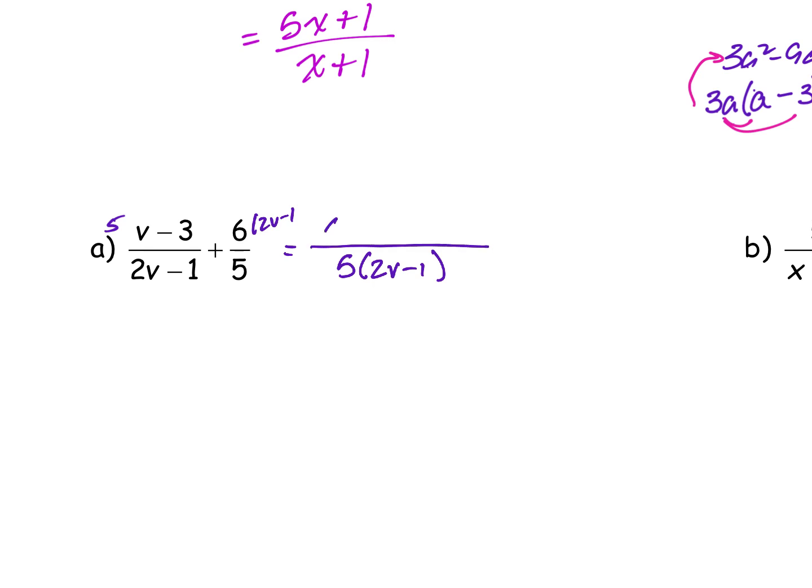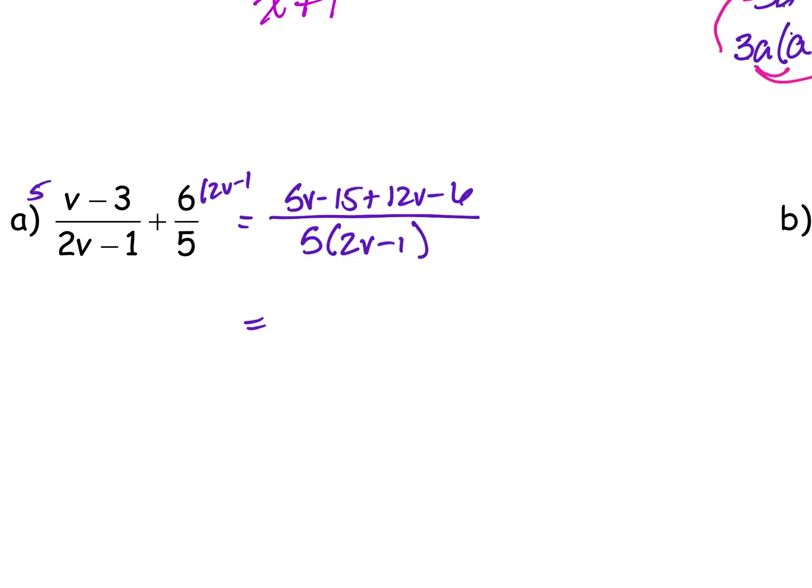I'm going to get 5v minus 15 plus 12v minus 6. I know I wrote that really teeny, sorry. So I get 17v minus 21 over 5 times 2v minus 1. Okay? Beautiful. Questions on that one? Are we okay?